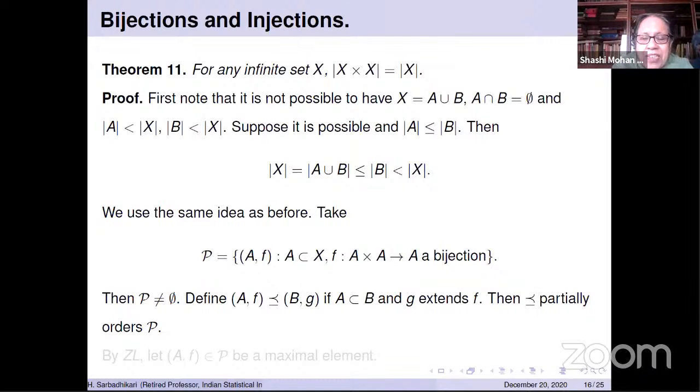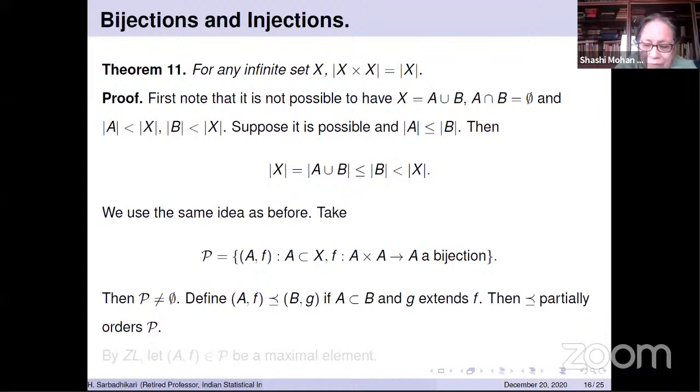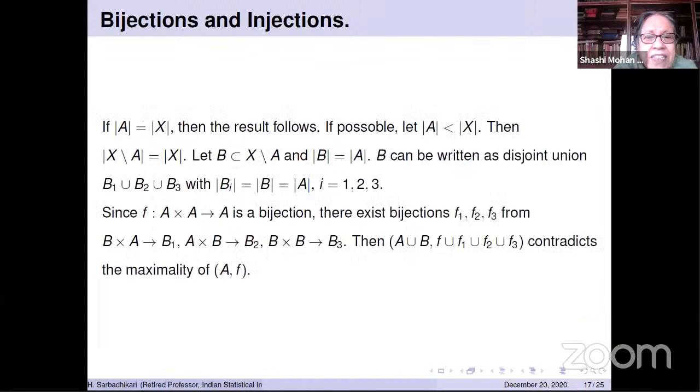Now this BG you can change to C, CK or anything you like. This is just take any element of B here. There's nothing sacred about B here. You could call it C. It's just take any arbitrary element of B, and AF comes before that if something happens. That's all.